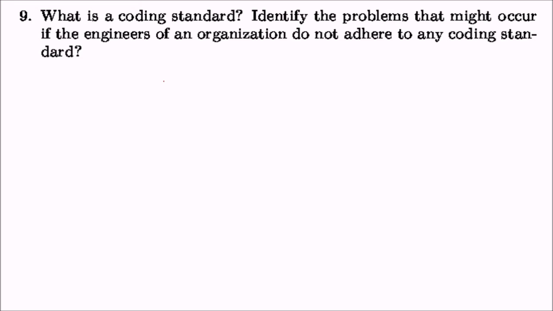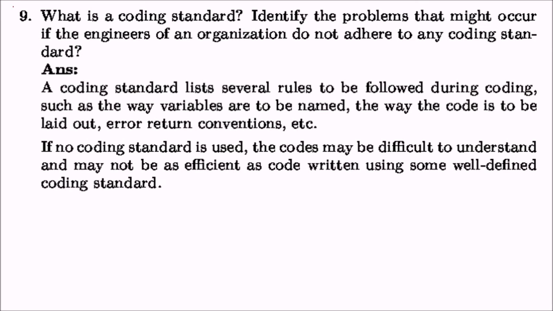What is a coding standard? Identify the problems that might occur if the engineers of an organization do not adhere to any coding standard. Nowadays, coding standard has become a vital ingredient of any SDLC.